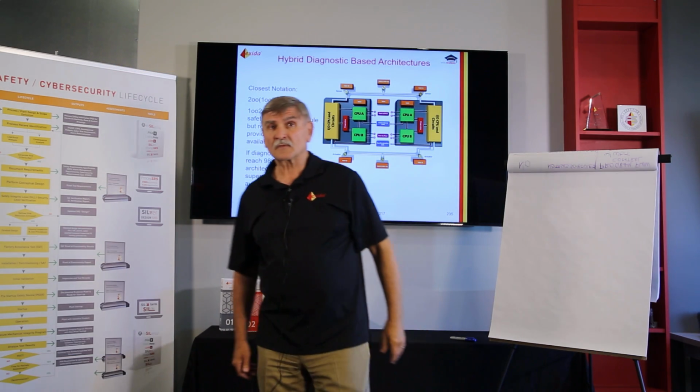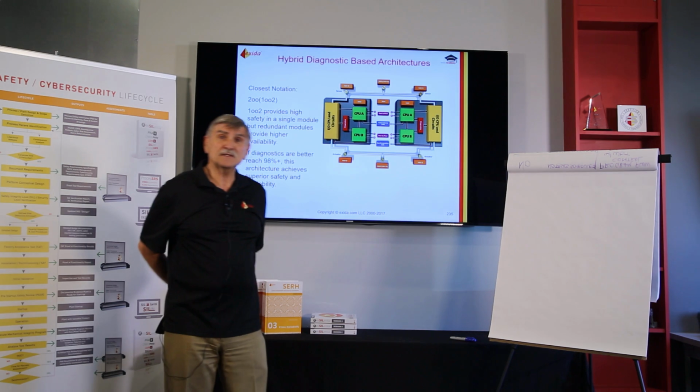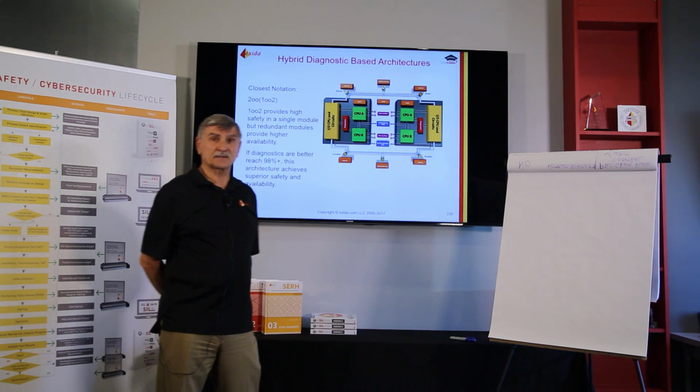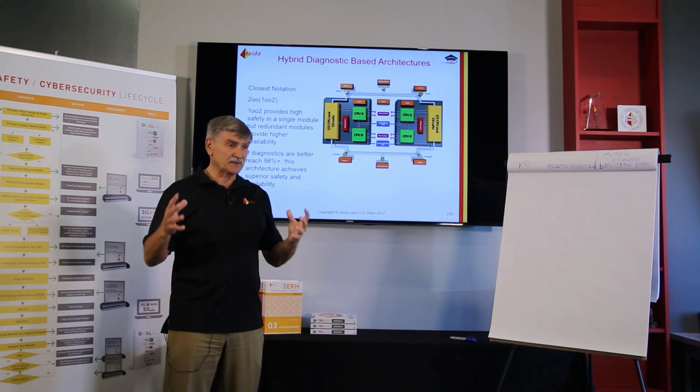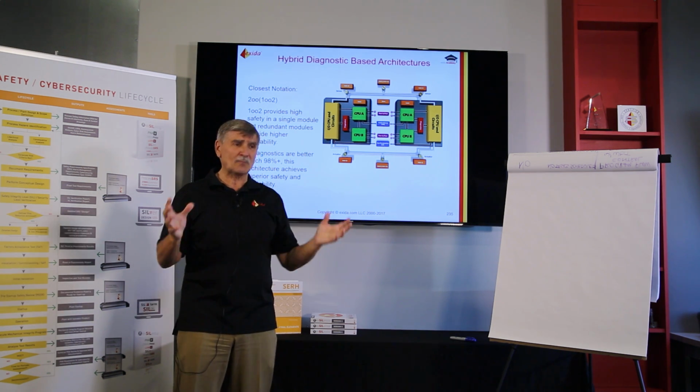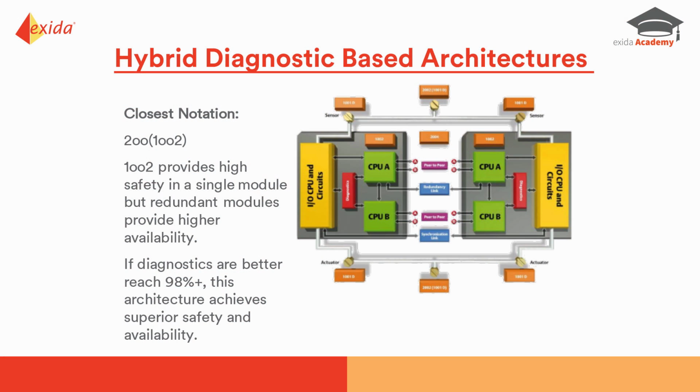Today, in the 2010s, and as we head for the 2020s, architectures have become far more advanced. They're hybrids. These old notations just fall apart. There was some attempt to create notations like 2 out of 1 out of 2, but this really doesn't communicate very much.